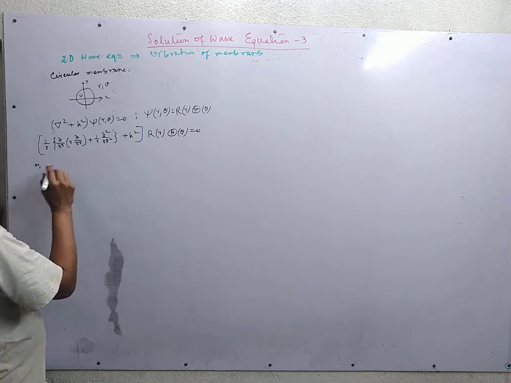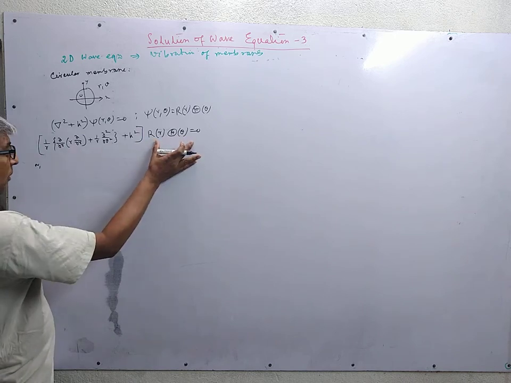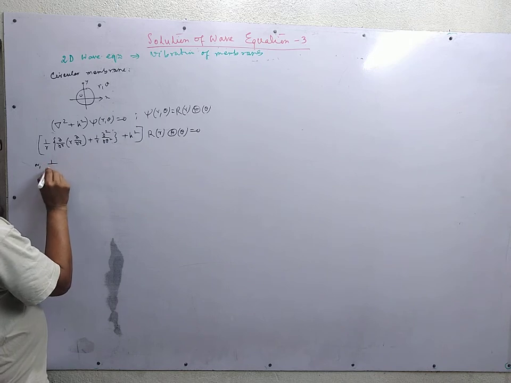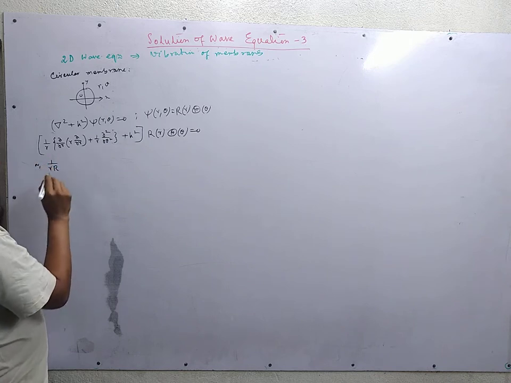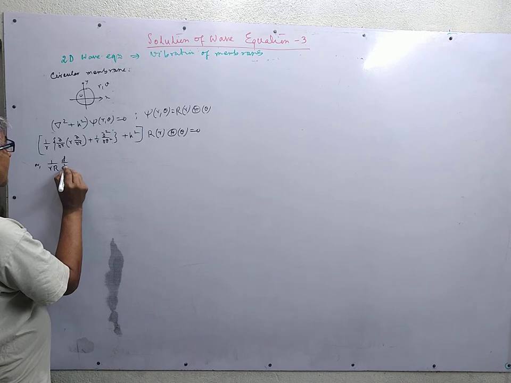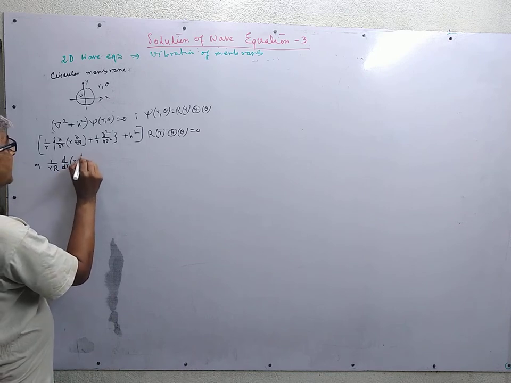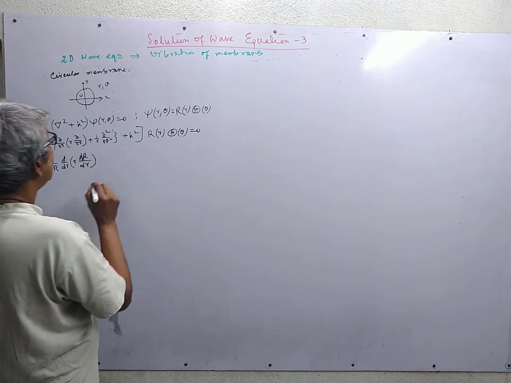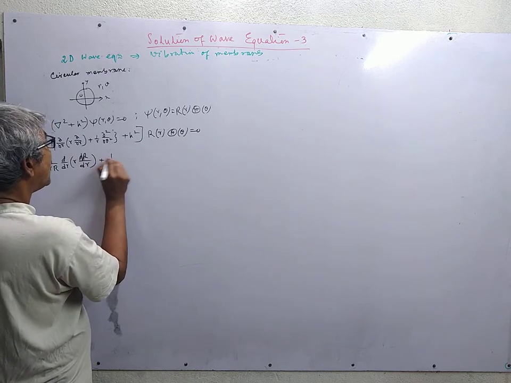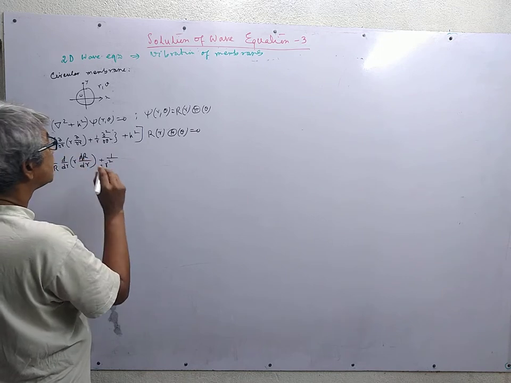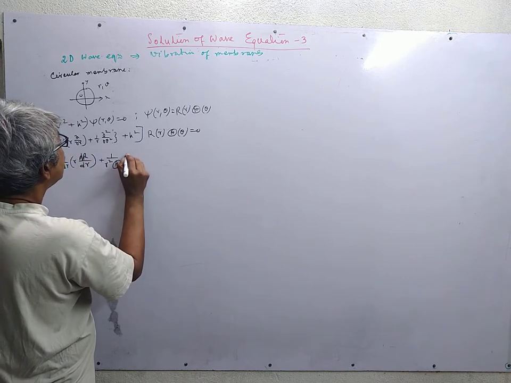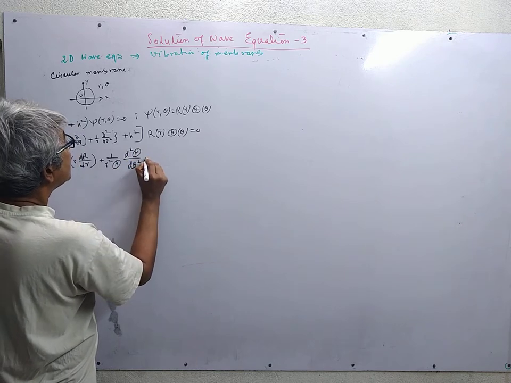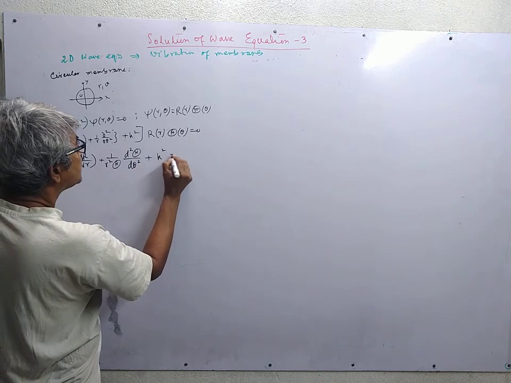We operate this on psi, so this is 1 upon small r by capital R, then d/dr of r dR/dr, plus 1 by r square big Theta, d2 big Theta d theta 2, plus k square is equal to 0.